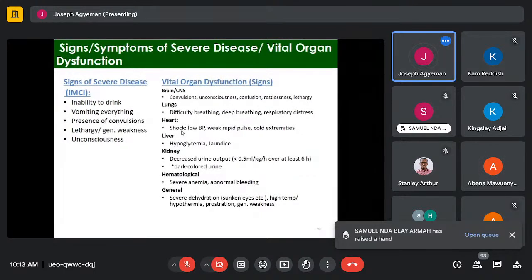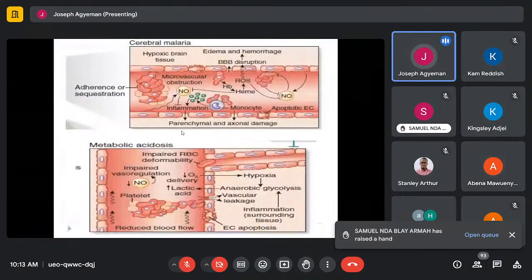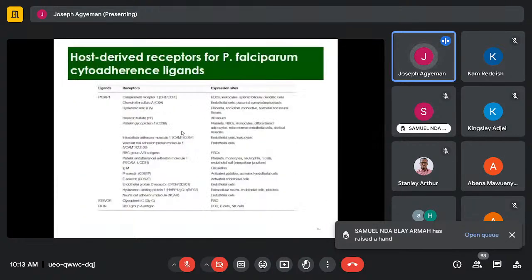All right. Sir, please, can this also lead to splenic sequestration? Yes, because once you have some of the receptors within the spleen, let me check if there is, yeah, you see this is all tissues. So including the spleen, you could have heparan sulfate, then this can stick there.